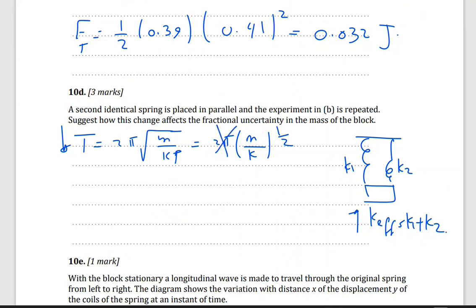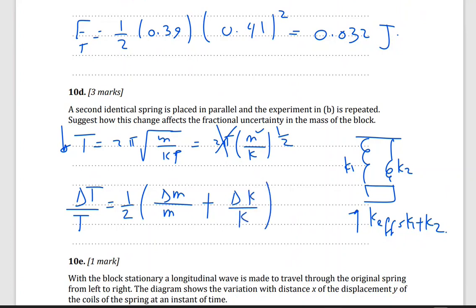So the fractional uncertainty is the uncertainty divided by the original, which equals half, taken out, times the bracket: fractional uncertainty in the mass, delta M divided by the original, plus. Always add to calculate the propagated uncertainty, whether you have multiplication or division, even subtraction, add. So plus the fractional uncertainty in the spring constant, delta K divided by K.